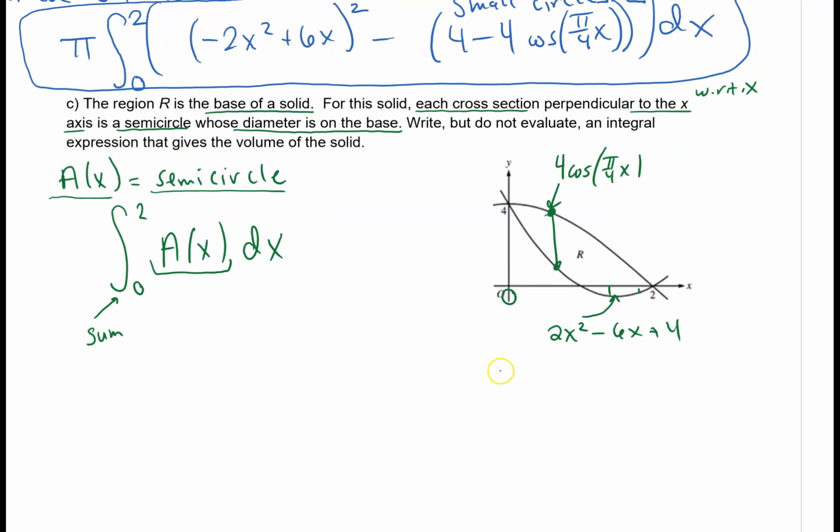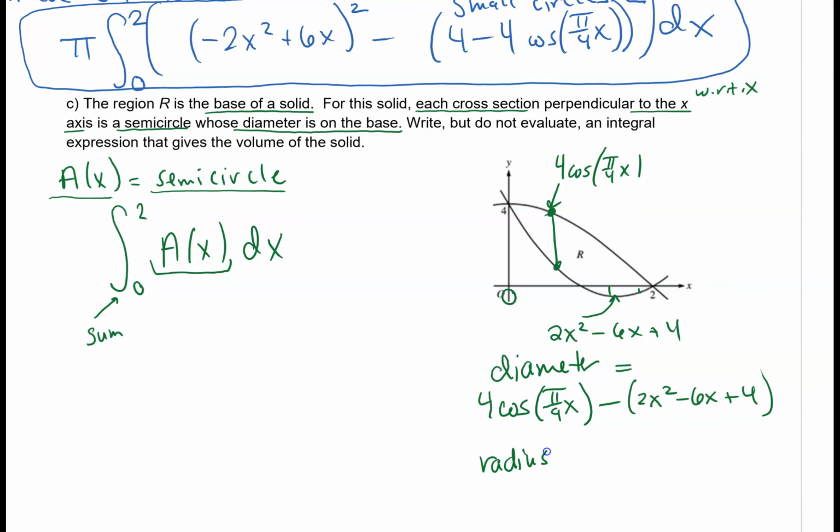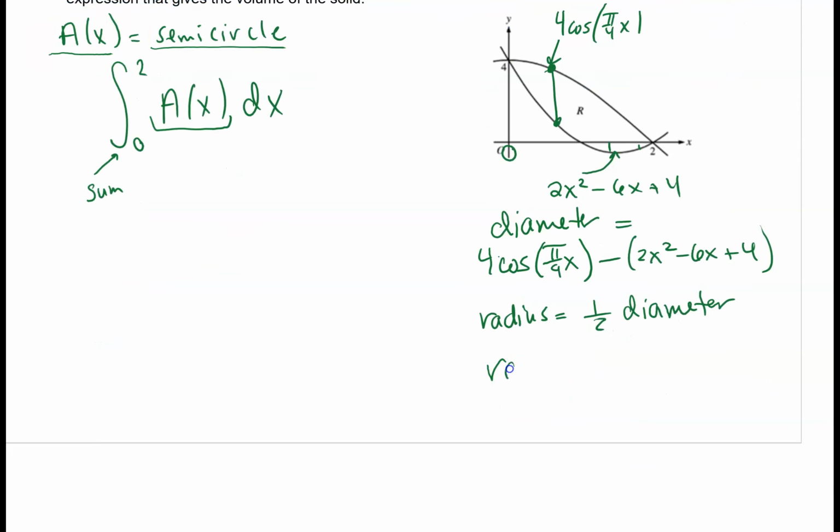So I know the diameter of each of these semicircles is going to be the top function, the cosine function, minus the quadratic function. So that's going to be my diameter. Now remember though, the radius of a circle is equal to half of the diameter. So I know that the radius of each of my semicircles is going to be half of the diameter.